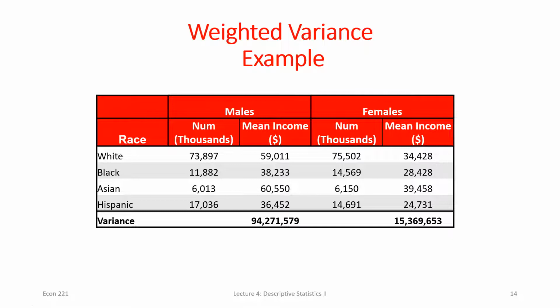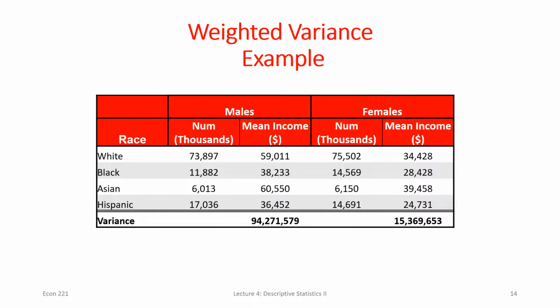To hammer this home, the interpretation of the variance is still very similar if we're calculating the weighted variance. It's still a measure of how much variation from that central point, the mean, our data had. So male income has a much higher variance than female income here, right? 15 versus 94 million? So what is that telling me about female income relative to male income?